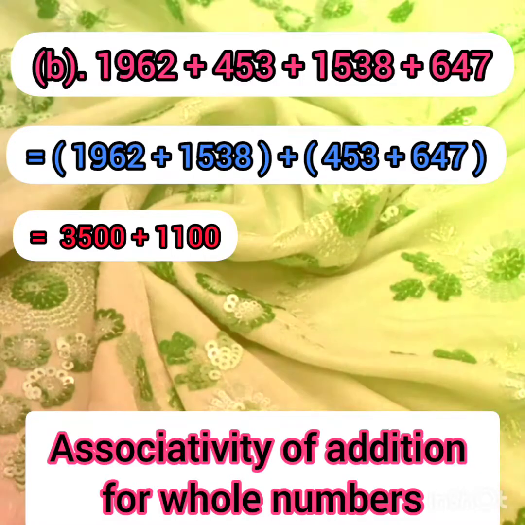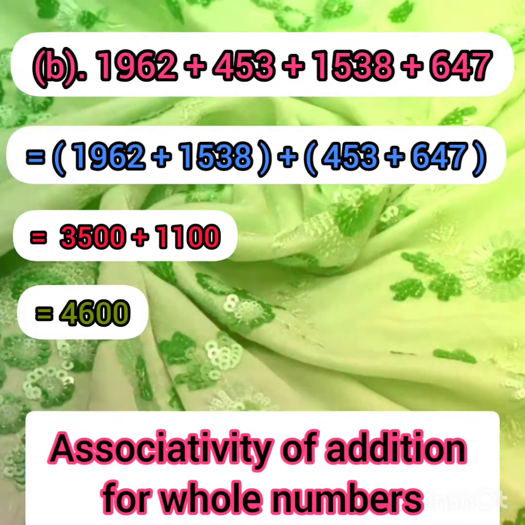The sum of 1962 and 1538 is 3500, and the sum of 453 plus 647 is 1100.